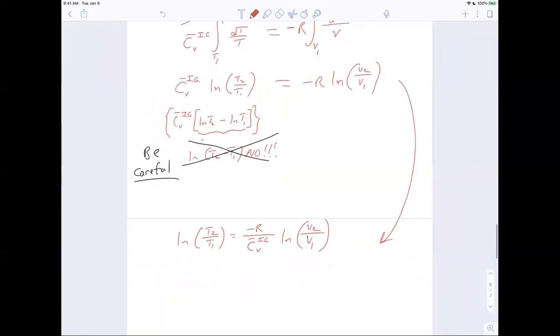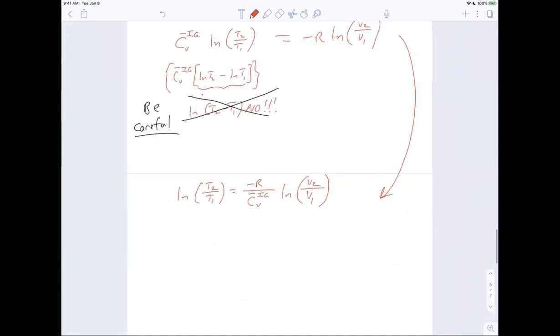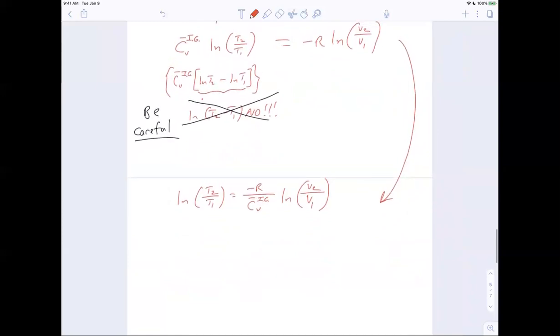That's just rearranging the equation at the top of your screen, by bringing the CV bar for an ideal gas to the right-hand side. And so R over CV bar is just a constant. Any questions on that?